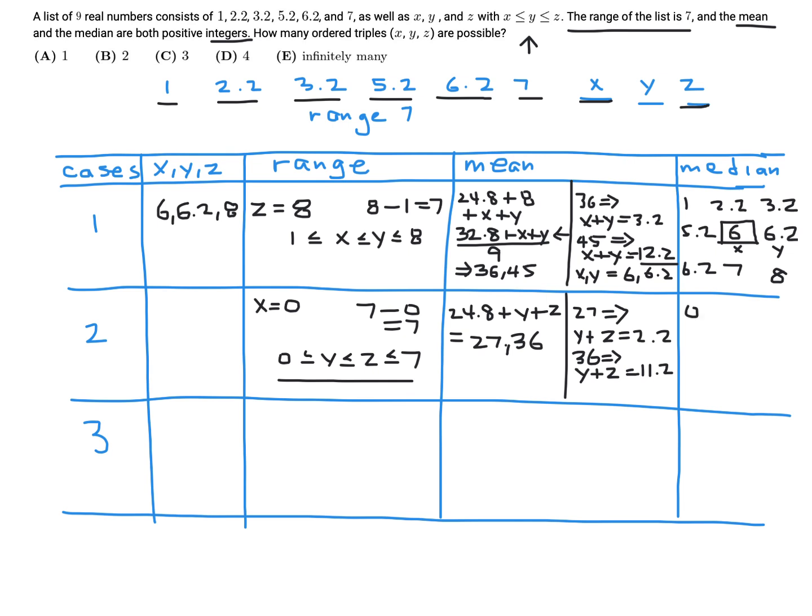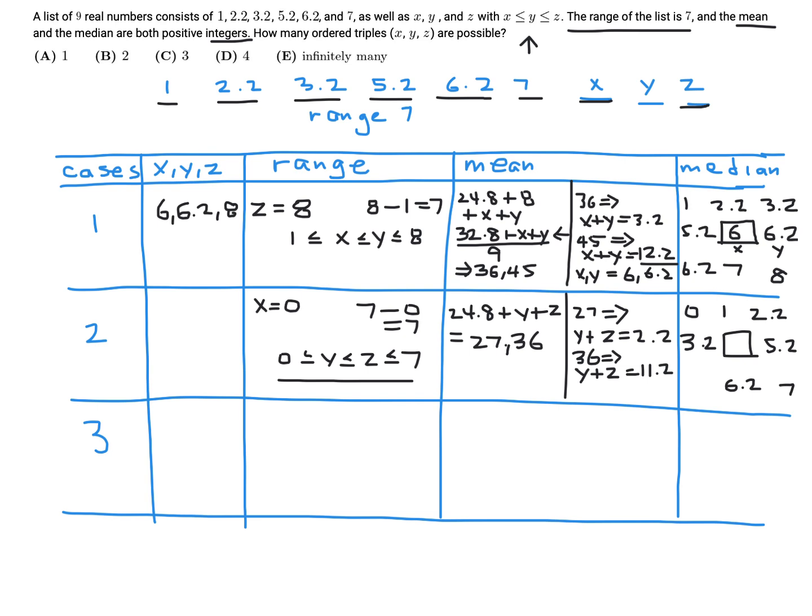Okay, so now we got to figure out the mean. So let's put all these in. We have 0, 1, 2.2. We have a 3.2 in there. Then we got some number that we don't know yet. We have a 5.2 in there somewhere, right? Yeah, we have a 5.2. Then we have a 7 way out here, and we have a 6.2. Okay, so now we got to figure out what is y and z, fiddling around with these numbers here.